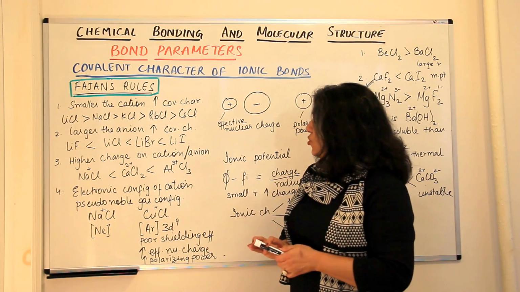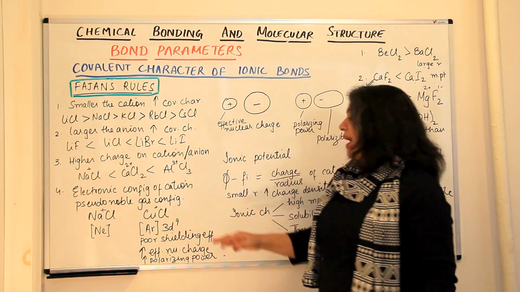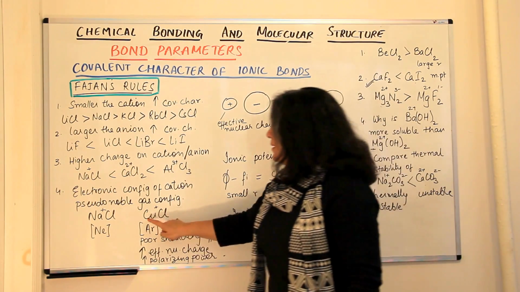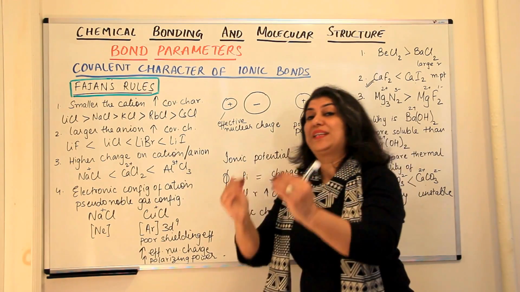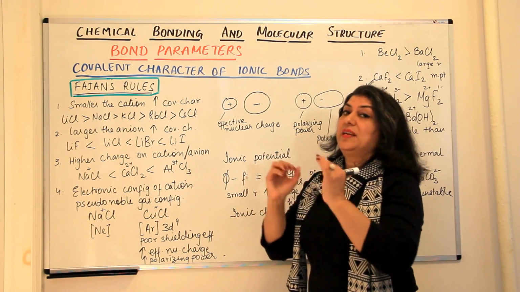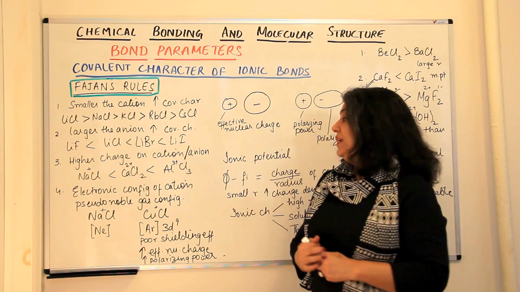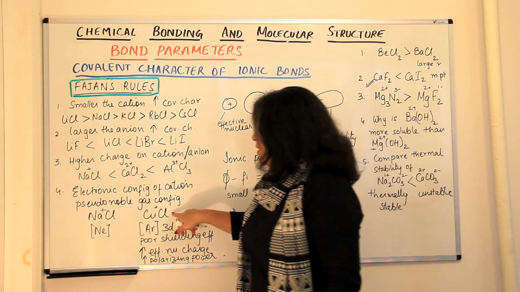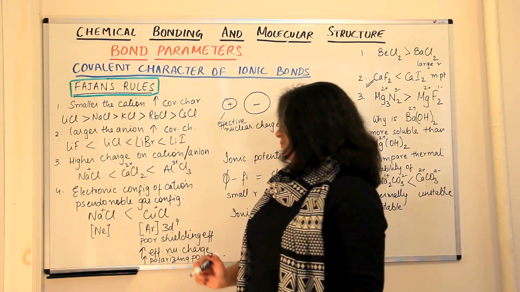Due to the presence of the electrons in the d orbital, which have poor shielding effect, the ion Cu positive has more effective nuclear charge, and therefore it has a higher polarizing power, due to which it causes greater polarization of the chloride ion, and therefore this compound would be more covalent.